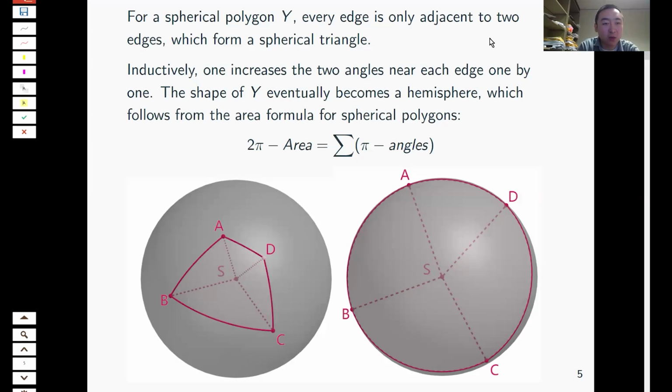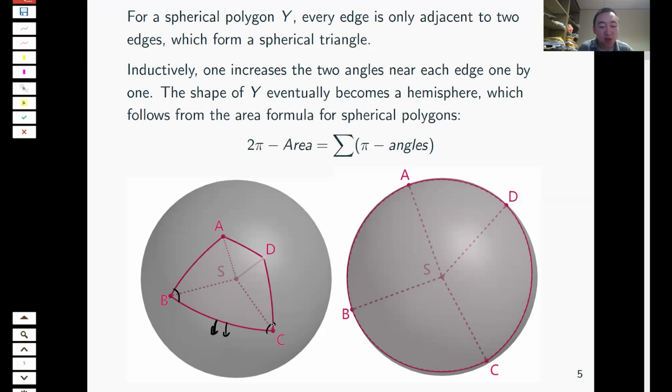Now, with the help of the previous lemma, we can move the edge BC a little bit, not necessarily outward, but so that these two angles, angle B and angle C, become larger. Now you keep doing this, and the process won't stop until all the edges are not movable. If we get some edge and move it until it's equal to pi, it's not movable. But when it's really pi, it will coincide with its adjacent edges. So we can always move it until every angle becomes pi.